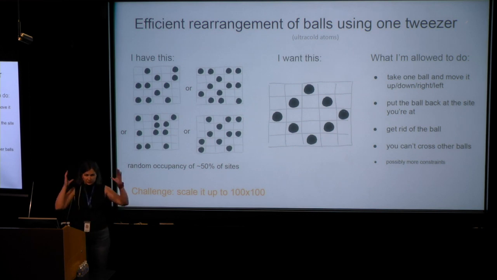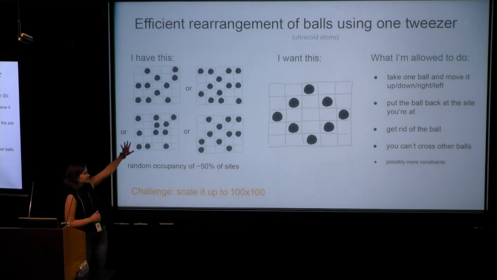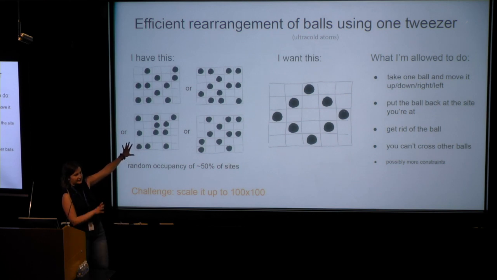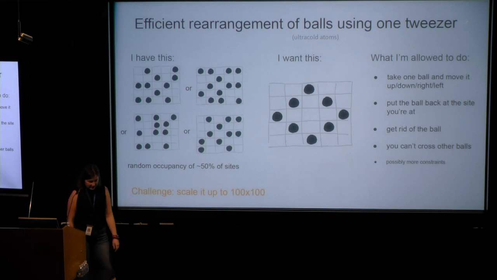But when you're loading your atoms to the plane, it's completely stochastic. You start with any possible combination of that. Usually you have a filling of 50%, and then you want these. The problem seems pretty simple, and when the system is small, you can use deterministic models.